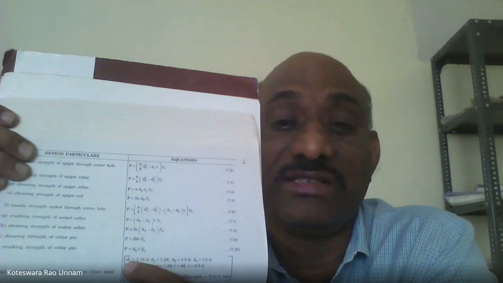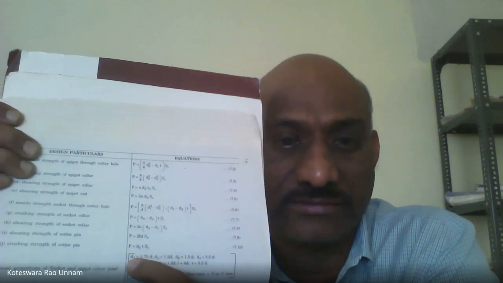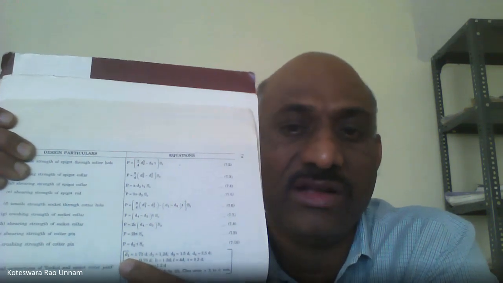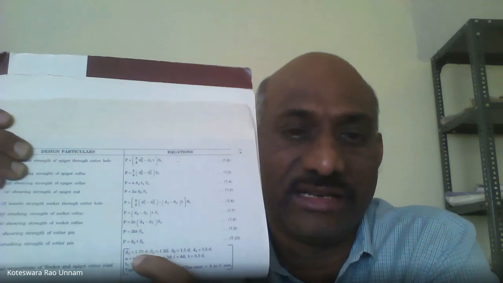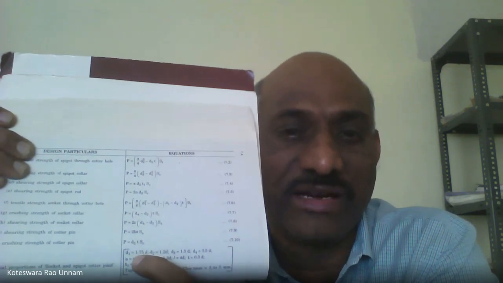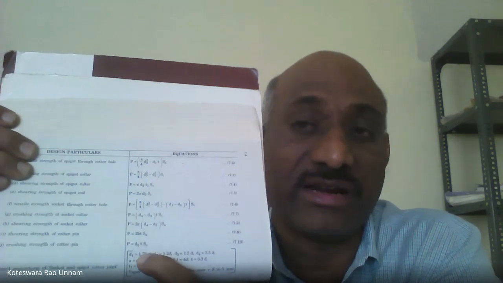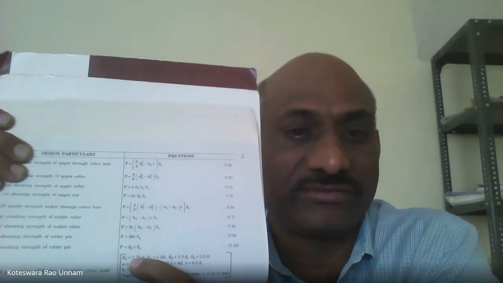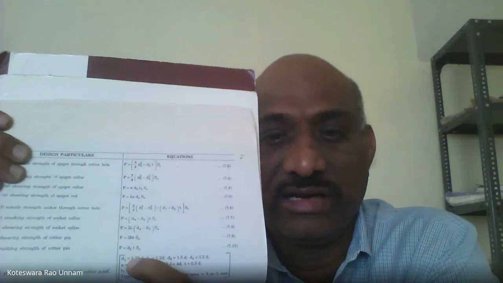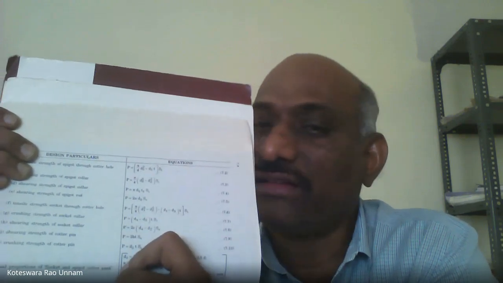Suppose from your calculations you got D1 equal to 0.8 D. Then that is wrong. You cannot choose like that. Your D1 should always be more than D. So in that case, you have to use this relation. If you get a lesser diameter for D1 compared with this empirical relation, then you have to use this one. Like that, you need to design the joint.